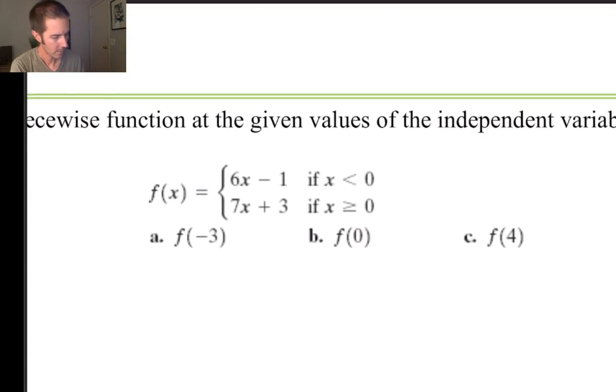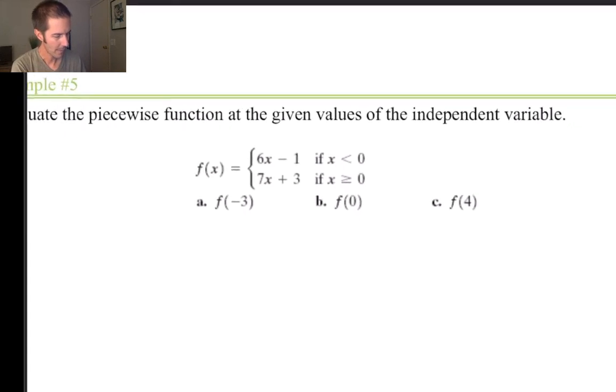In this case, if we're given an x value that's less than 0, not equal to 0, but less than 0, then we'll take that x value and plug it in here, multiply it by 6, and subtract 1. However, if we're given an x value that's greater than or equal to 0, then we'll do something different with it. We'll plug it into this lower function, multiply it by 7, and add 3.